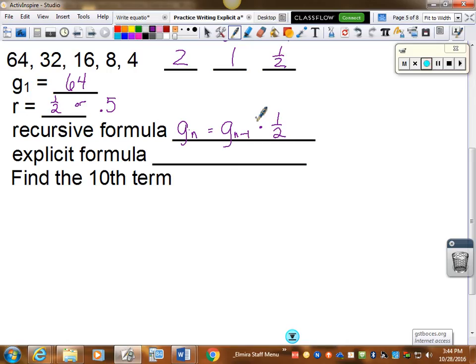All right, our explicit formula. G sub n, we take our first term, 64, you have to know the first term for that, times, for calculator purposes, it's easier to use the 0.5.